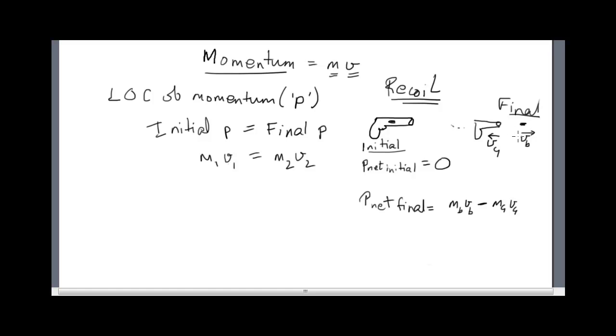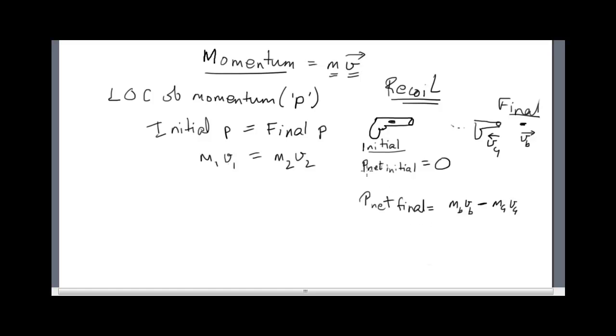So because of the 180-degree difference between the velocity of the bullet and the velocity of the gun, mathematically it becomes negative by vector notation. Remember, momentum is a vector and velocity is a vector. So the momentum P is always in the direction of the velocity. So if two momentums are in the opposite direction, they need to be subtracted, and if they're in the same direction, they're added.